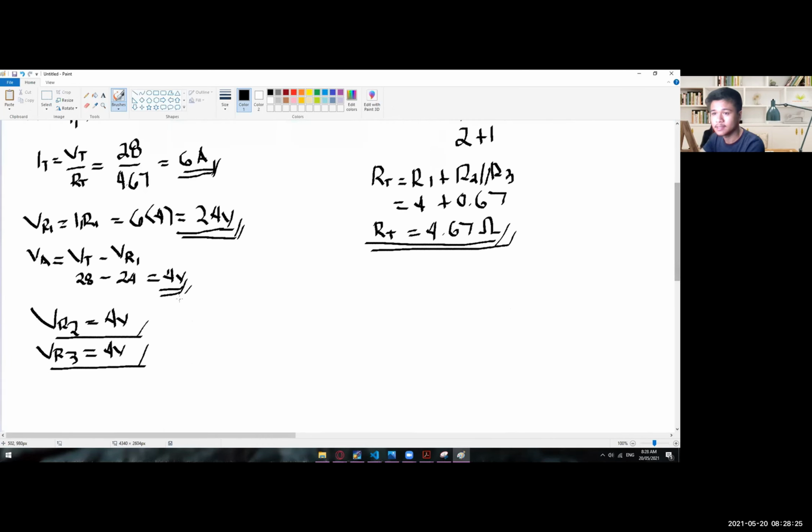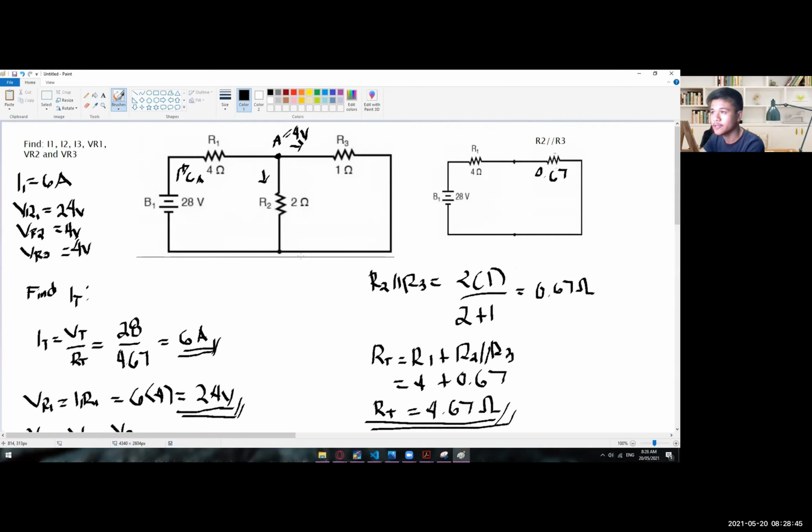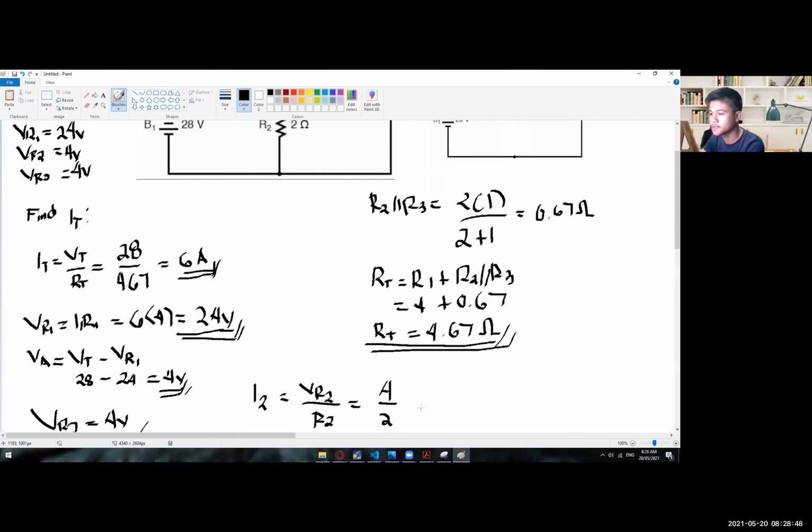For the I2, it's now very simple. We need the voltage, say VR2 to make it consistent, the voltage across R2, and then of course I2 and R2, the resistance. So VR2 is 4 volts, and for the R2 we have 2 ohms.